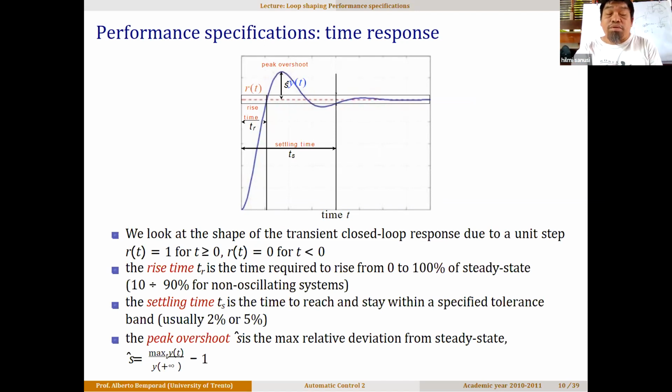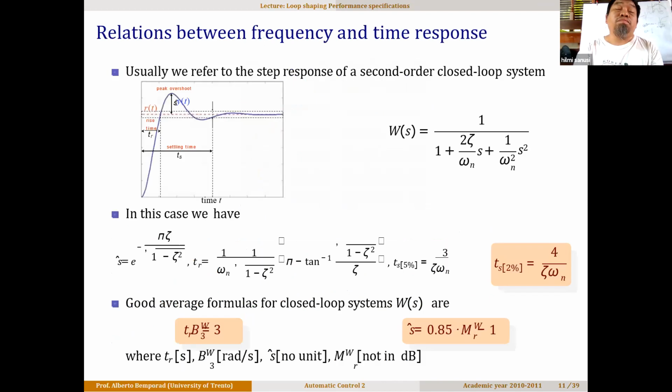And we have the settling time. This is about 2% or 5% of the steady state. How do we define it? If we want to be very strict, then it will be 2%. Otherwise, it's about 5%. The rise time is the time taken for the response to go from 10% to 90% of the steady state. So this is the rise time.